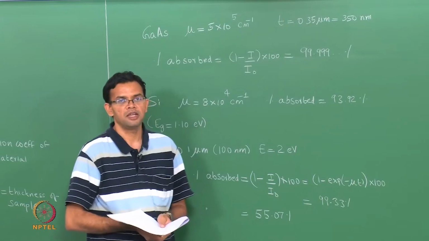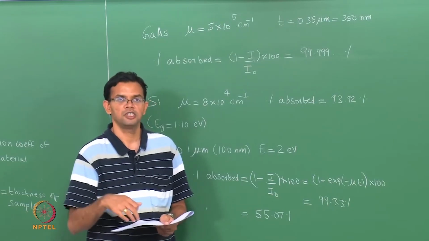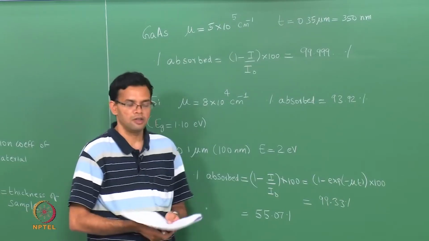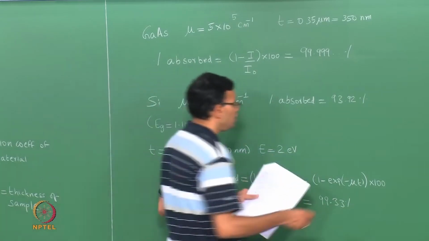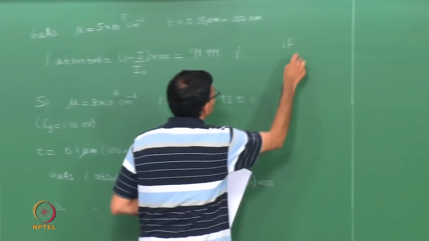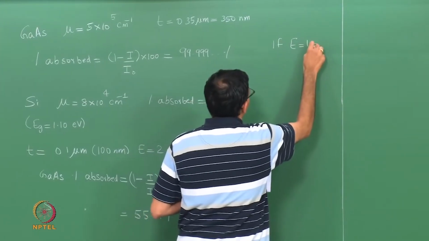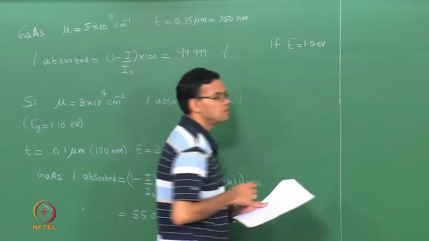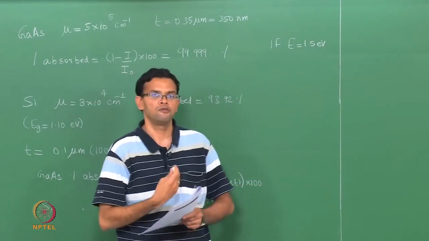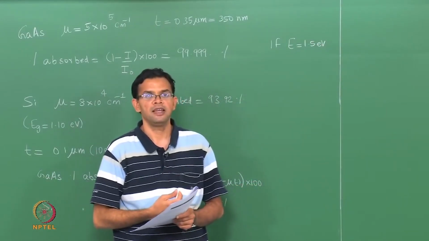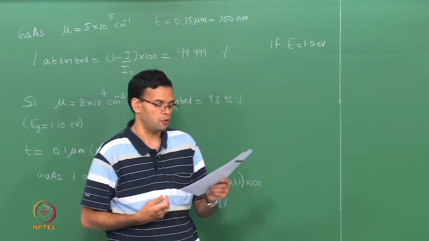Another variable we can introduce is to change the wavelength or the energy of the light. So, if you take energy to be 1.5 electron volts, so instead of shining light of 2 electron volts, you shine light of only 1.5 electron volts.